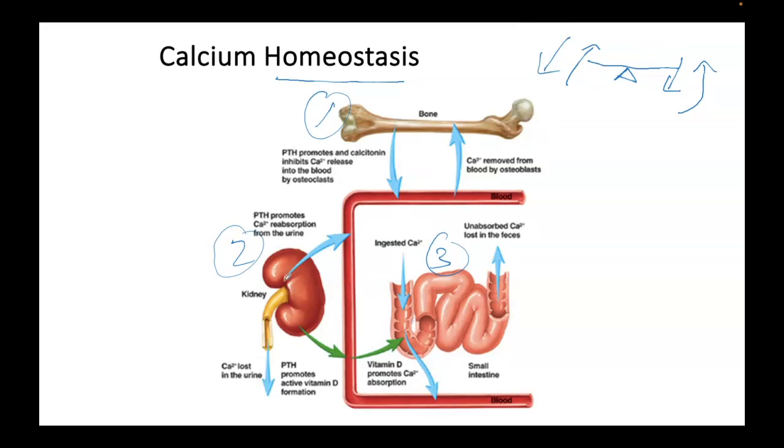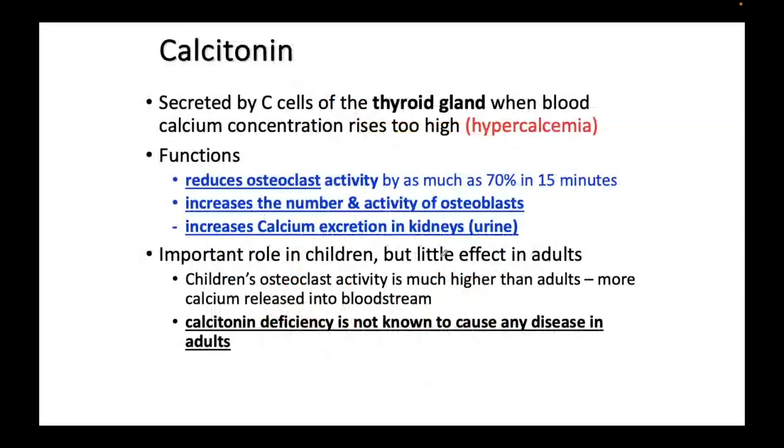You can reabsorb calcium from the kidneys into the blood, or whatever calcium we have in the kidneys, we can excrete out. So in each, whether it be the bones, the kidneys, or your gastrointestinal tract, it's a two-way street. It can either be an on or an off switch.